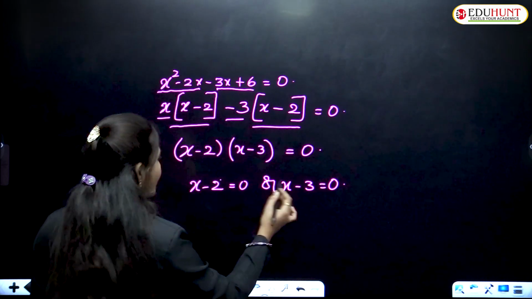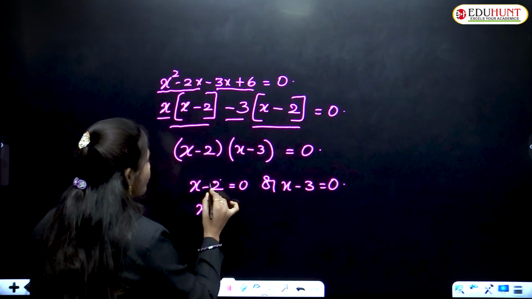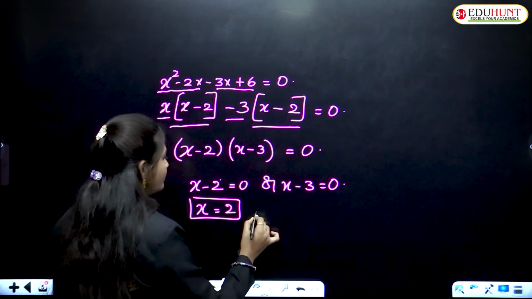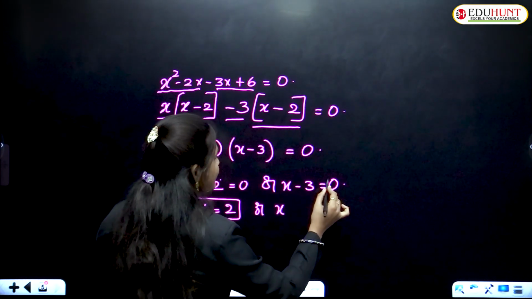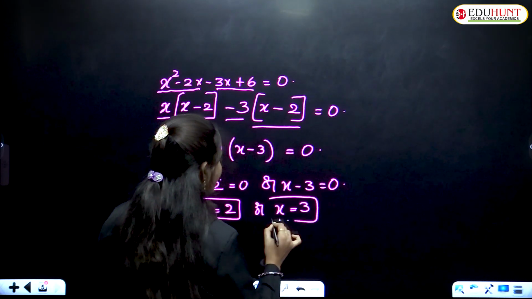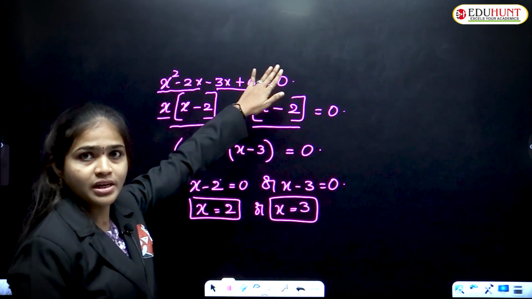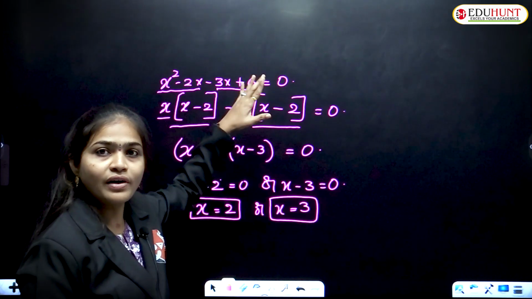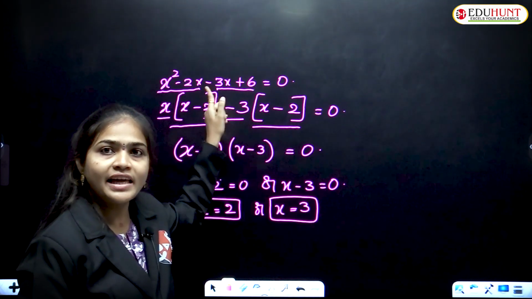Clear? So from this one, x is equal to minus 2 becomes plus 2, or x minus 3, so x is equal to minus 3 becomes plus 3. So in the same equation, here we have taken how many equations, ma'am? Only one equation. In that one equation, how many variables are there?